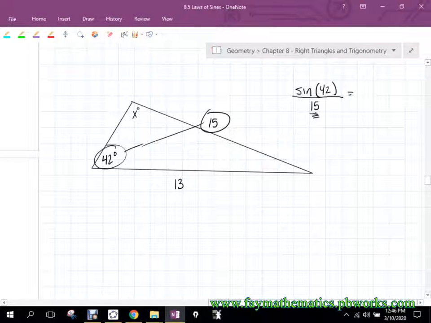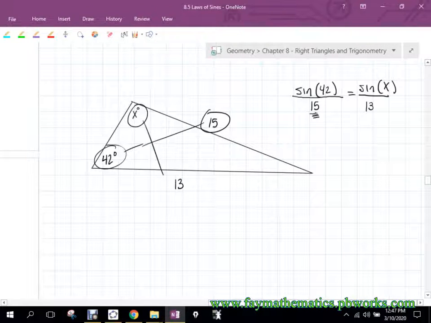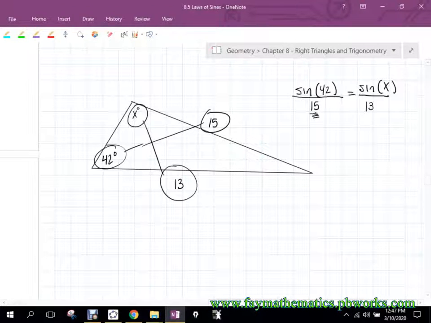Okay. Equal to now the sine of what other angle do I have to put here now? I have to put x. Okay. And then what is going to go down here? 13. Okay. So again, we get that idea. When I can circle those things like that when they're opposite, and only one of the things that is circled is a variable, I know that the law of sines is going to work.